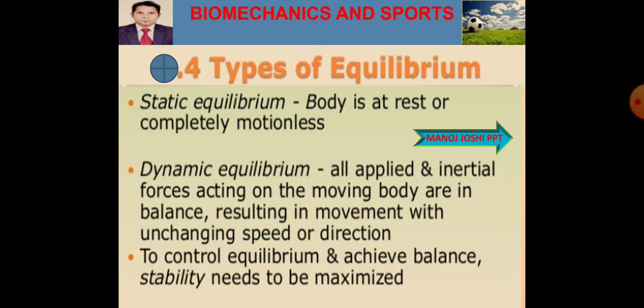Dynamic equilibrium: all the applied and inertial forces acting on a moving body are in balance, resulting in movement with unchanging speed or direction. To control equilibrium and achieve balance, stability needs to be maximized. So while our body is in motion, making the balance of the body and giving stability to the body is known as dynamic equilibrium.